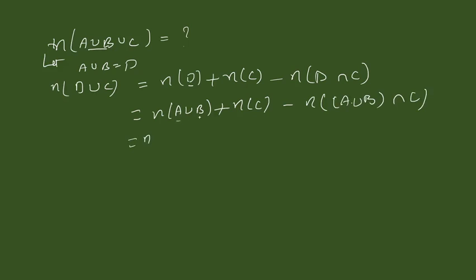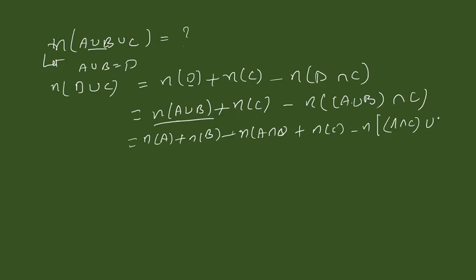Here you can apply the formula: n of A plus n of B minus n of A intersection B, which is the formula I have written for this, plus n of C, minus n of, by the distributive law, A intersection C union B intersection C. Now when you apply the formula, you will get n of A plus n of B, which is carried forward, nothing new.